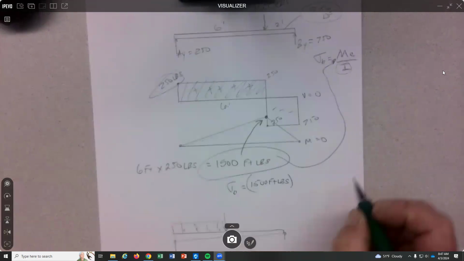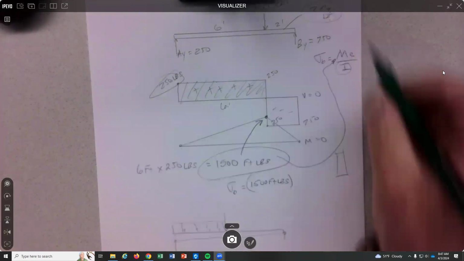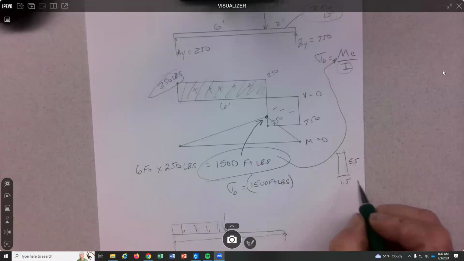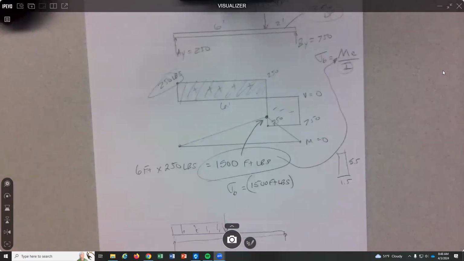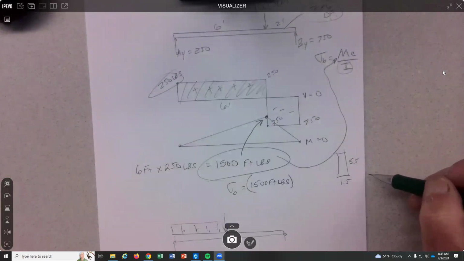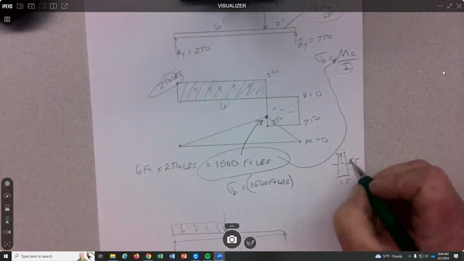And then this is our cross-sectional area, which is 2 by 6, that's going to be 5.5 and 1.5, right? And so our C value is going to be half of 5.5. Right, because the C value is from the neutral axis to the outermost fiber.